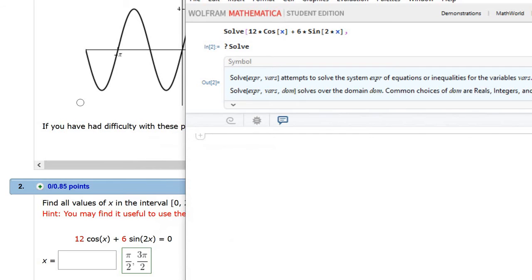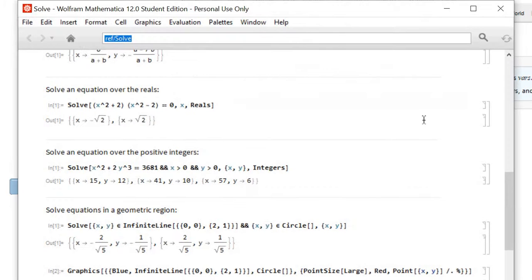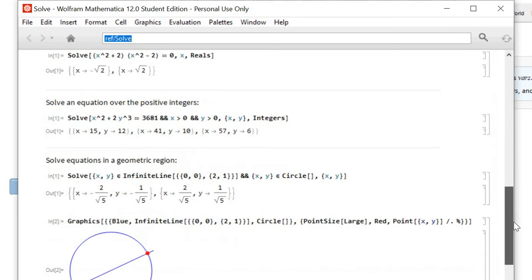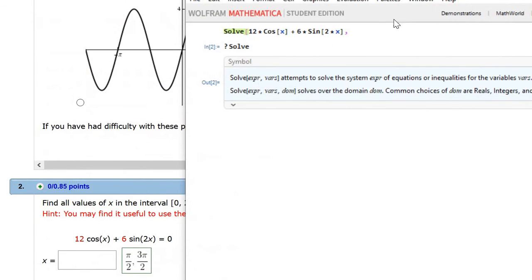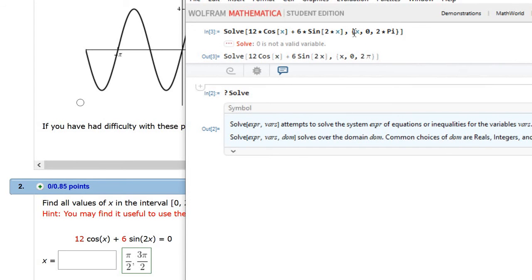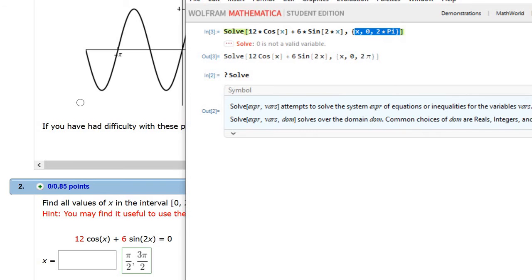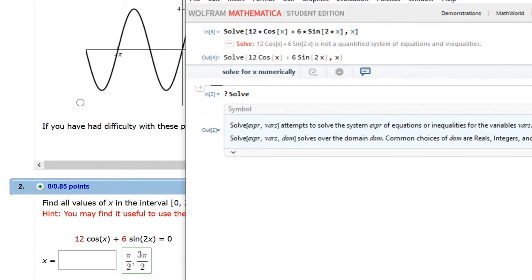I don't know if it'll work. Solve, and then we can put in up here. Let me see what this does. So it's telling me it wouldn't let me do that, but let's try just the x and see what happens. I'll figure this out later.